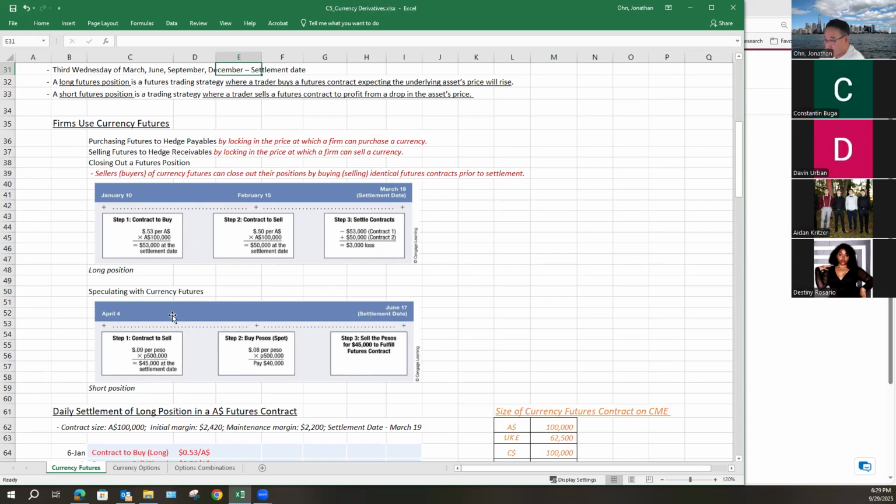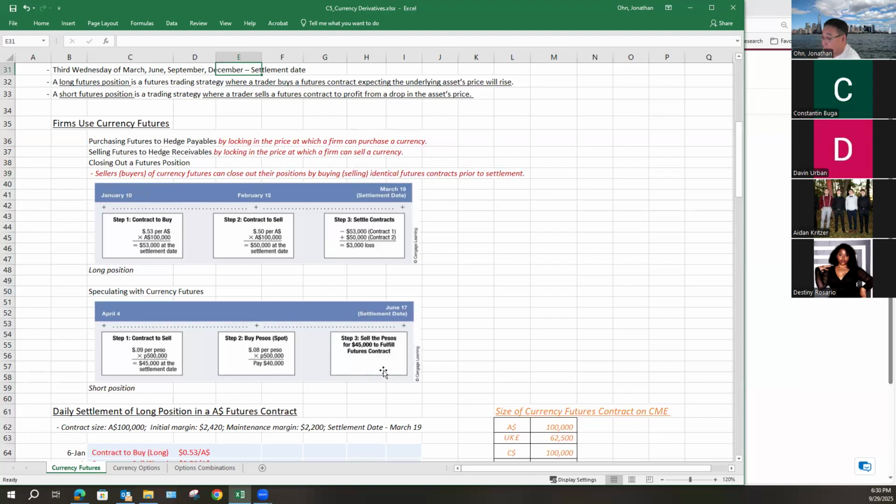Because this is a short position contract to sell, it is a receivable, right? The person will receive $45,000 at settlement. This speculator also bought 500,000 pesos at 8 cents per peso, so already paid $40,000.